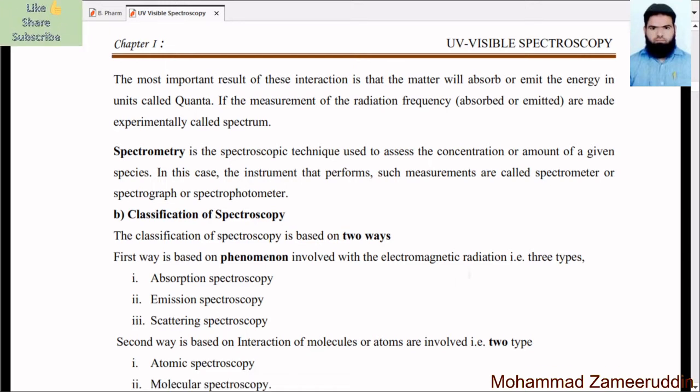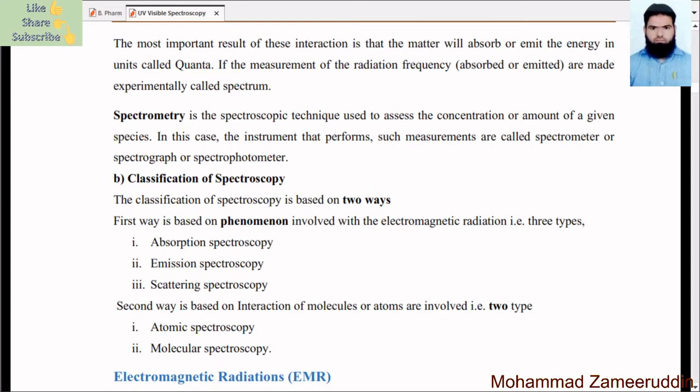Now the next term is spectrometry. Here you can apply the same principle: spectrum, that is related to the spectrum, and metry. Meter means a recording device, something we have to record or measure. Spectrometry is the recording of the spectrum; the instrument which can record the spectrum.